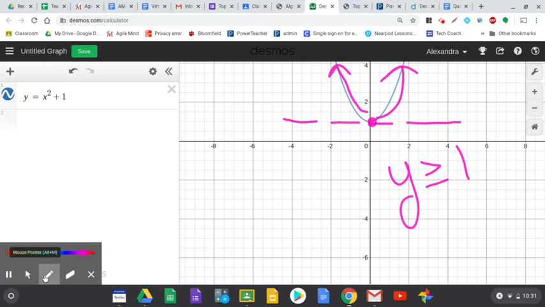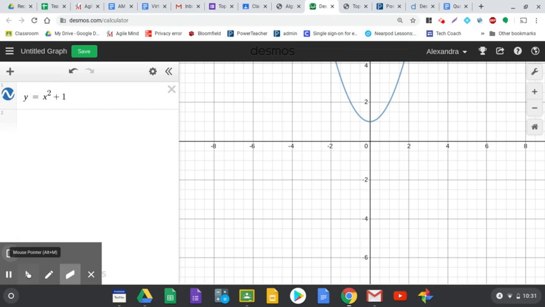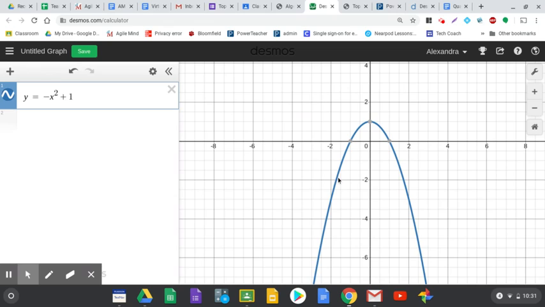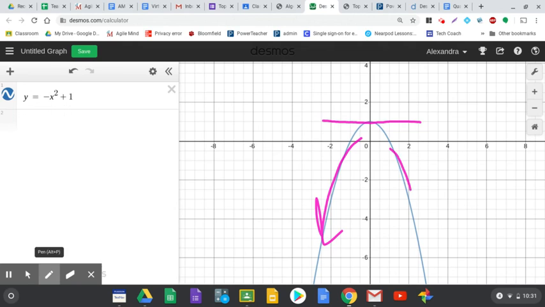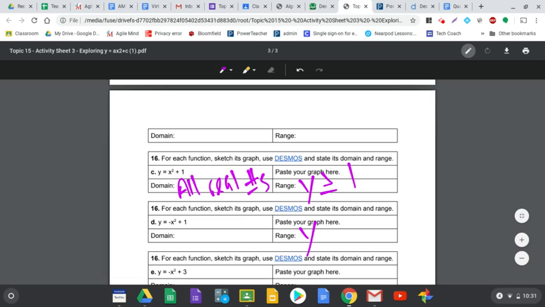If you take that equation and put a negative in front of the x squared, it's going to flip it upside down. So now our vertex is still at positive 1, but that's our maximum. So everything is below that point. So our range now needs to be y is less than or equal to 1 with a domain of all real numbers.